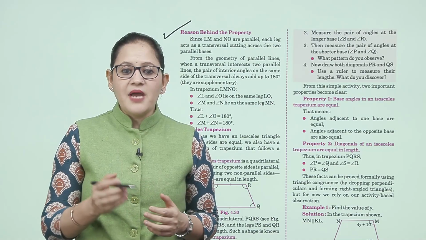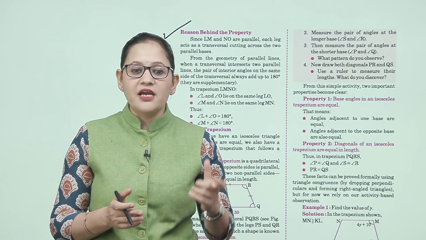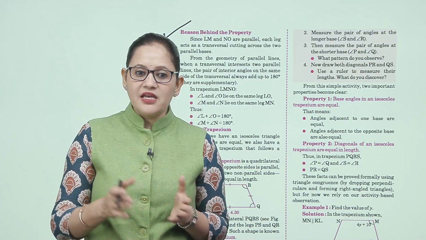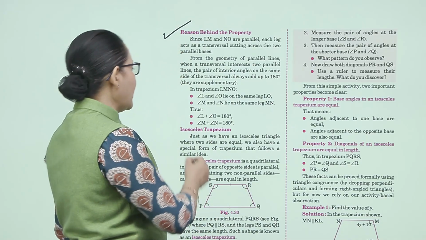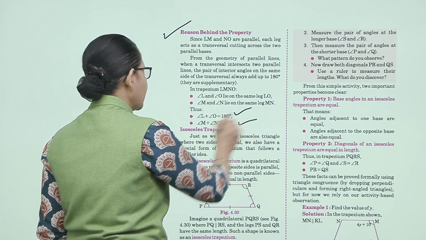In trapezium LMNO, angles L and O lie on the same leg LO, and angles M and N lie on the same leg MN. So, we can say L plus O is 180 degrees and M plus N is 180 degrees.